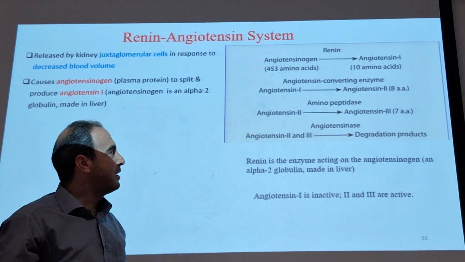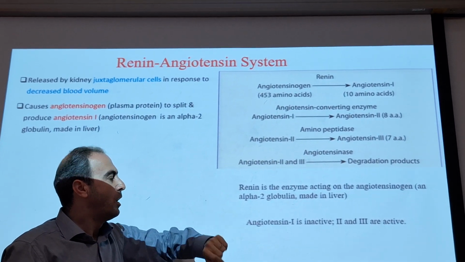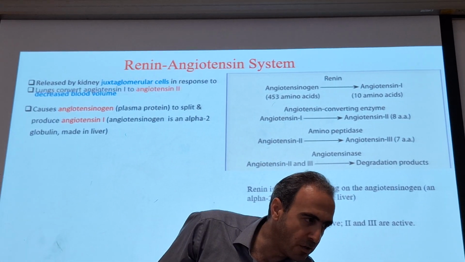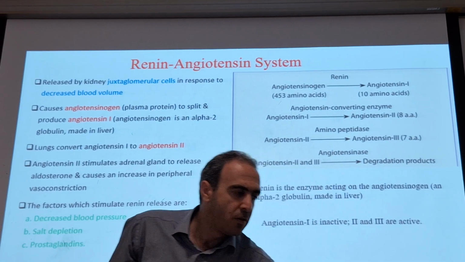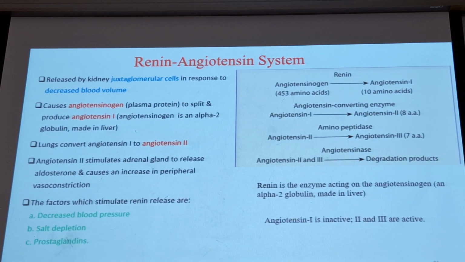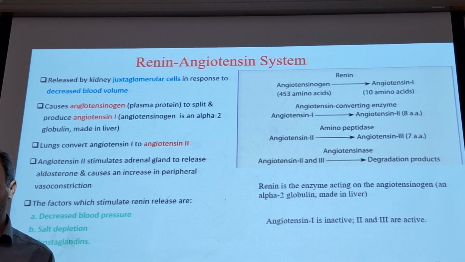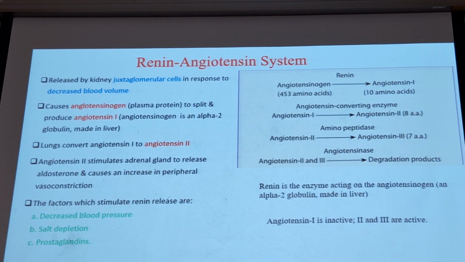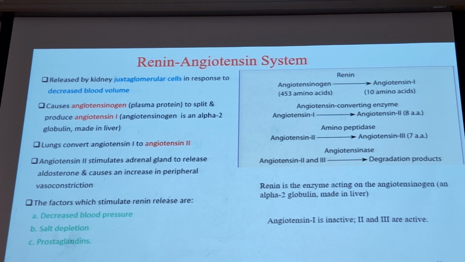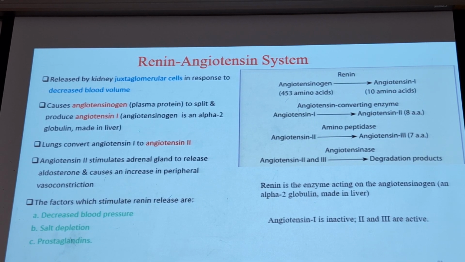And then this angiotensin 2 leads to the production of aldosterone. Actually, it has many functions. One of them is increased production of aldosterone, which then has an effect on cardiac output and also on kidney function.